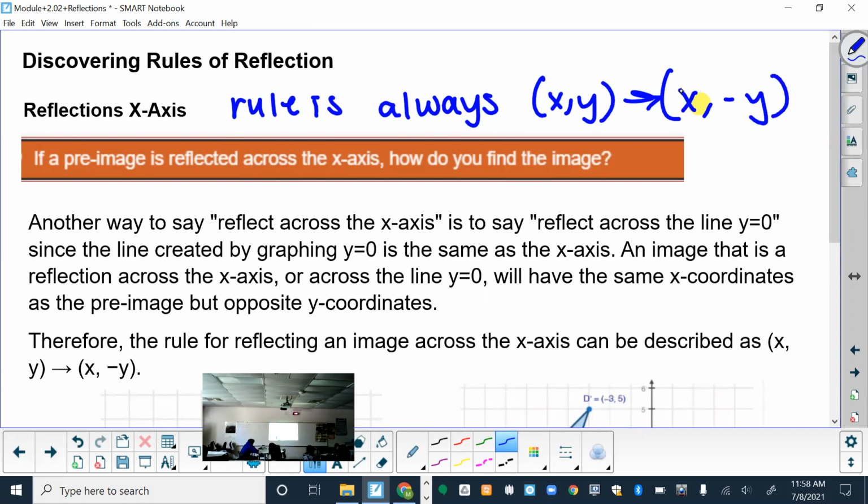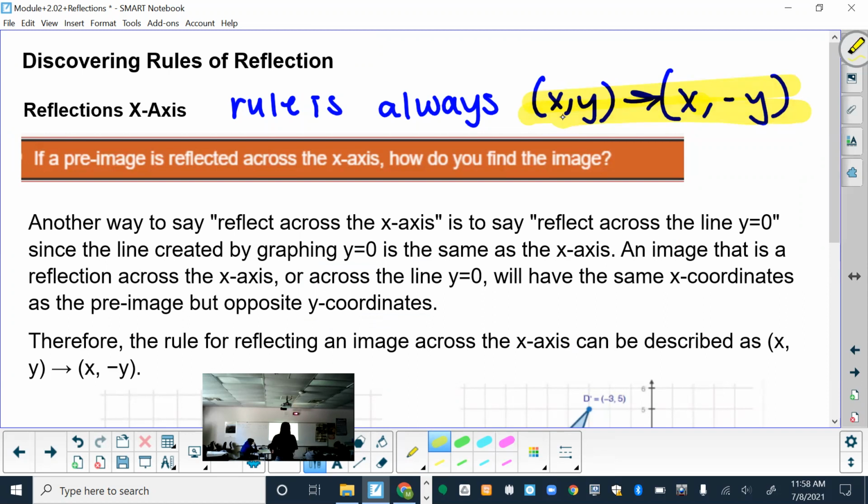All right, so like translations have rules. That's what you just practiced and did your quiz on. Translations can have really unique rules, but reflections have really specific rules. So if it's reflected across the x-axis, then you know to use this rule. And you get to use your notes, so make sure you're picking the right rule.